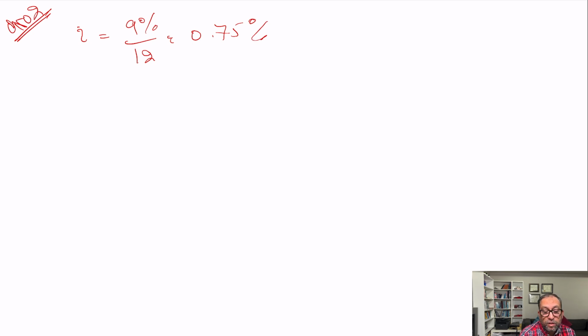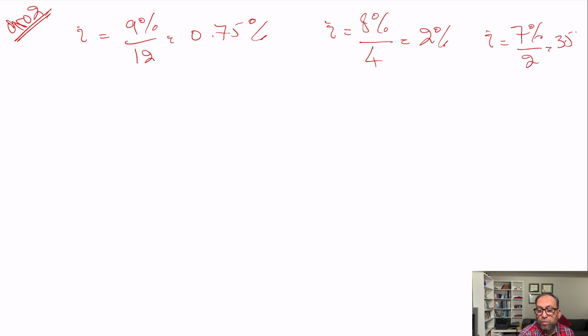And then in the second case, we have an I, which is 8% quarterly, so we get 2%. And then we have an I, which is 7% divided by 2, so it's about 3.5% annually.